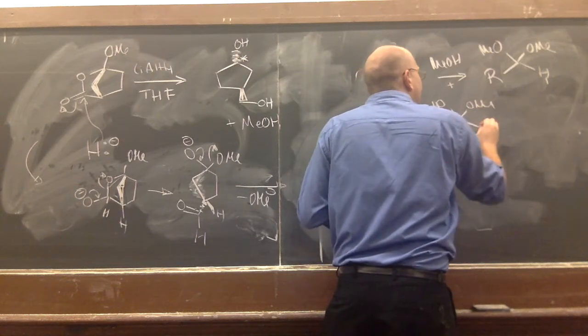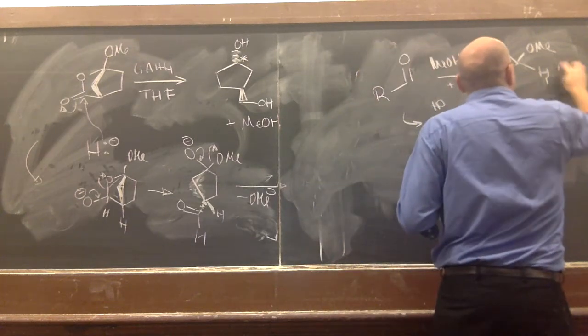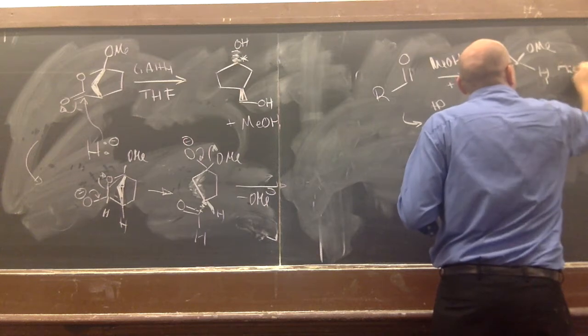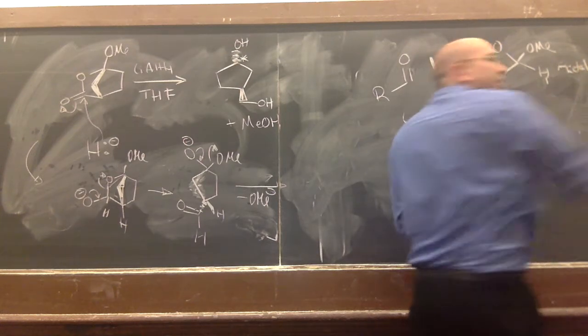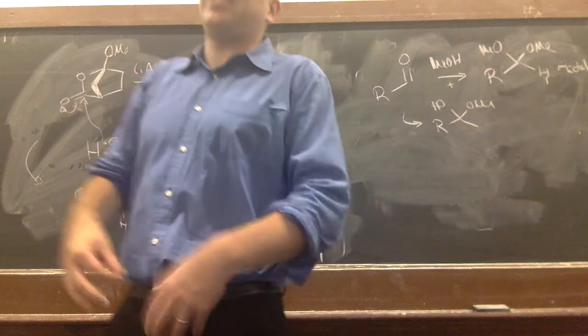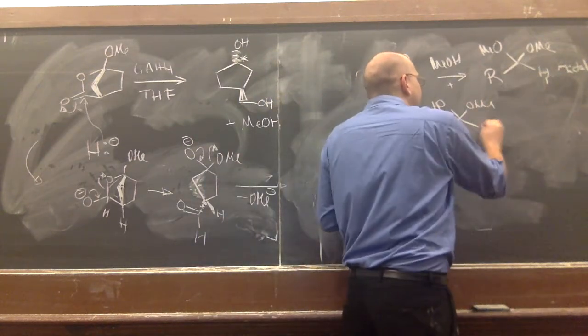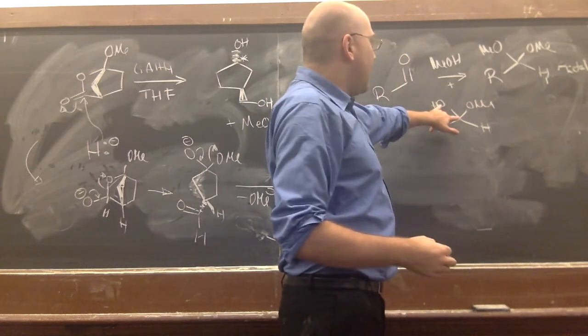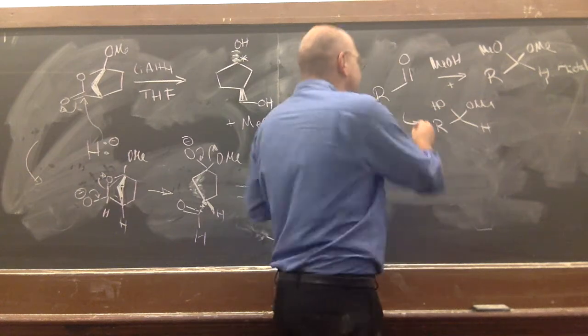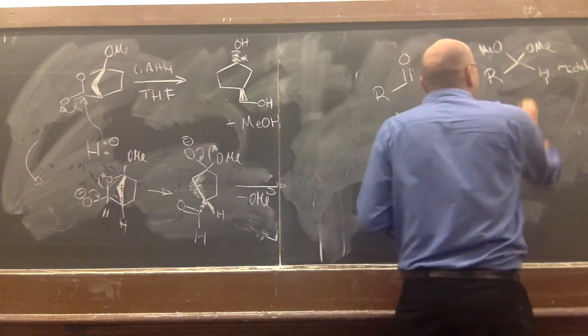So this would be considered an acetal. Acetal and ketal are just aldehyde-based or ketone-based. So this is an acetal because it would come from an aldehyde. Basically the same concept here. Every single step of this reaction is ultimately reversible.